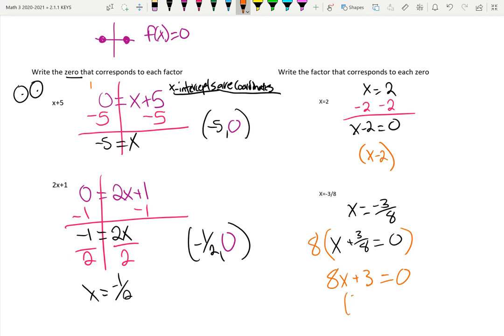So here, I get the factor 8x plus 3. If you just left it at x plus 3/8, technically that's right, but the better answer would be to get rid of the denominator, and you would get 8x plus 3.